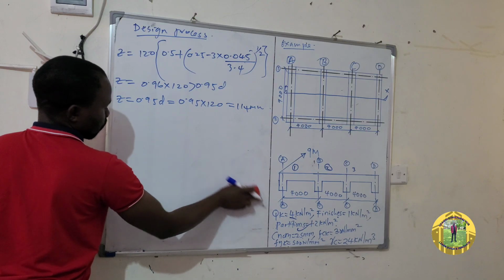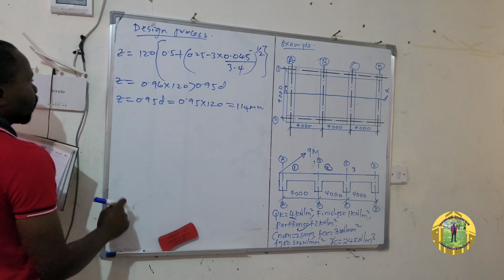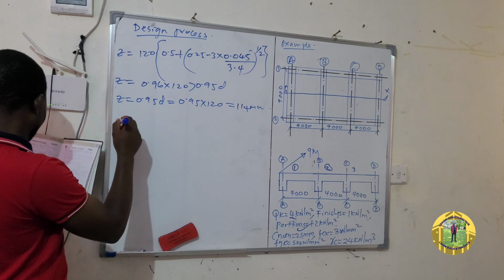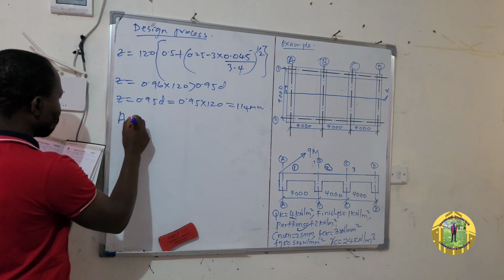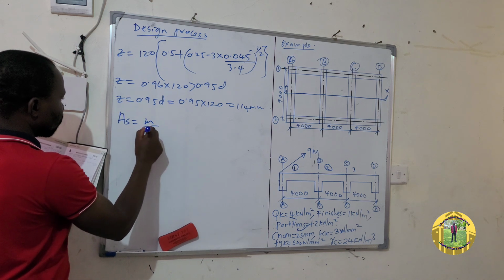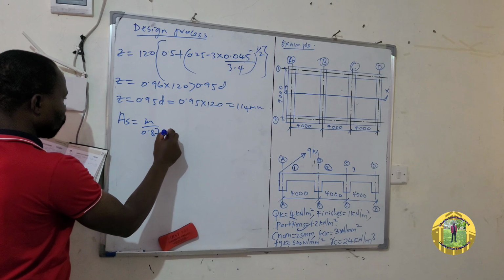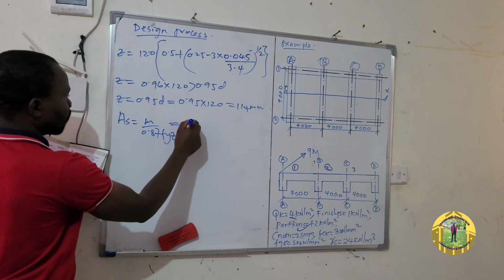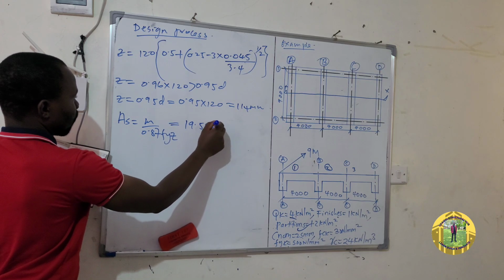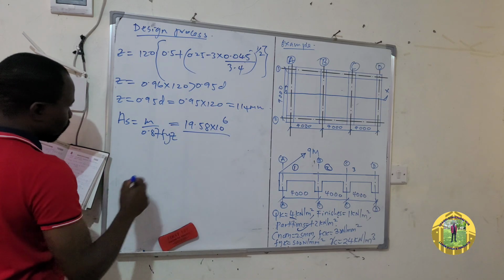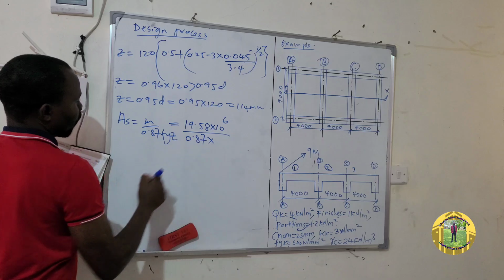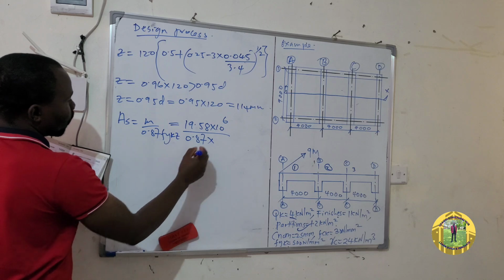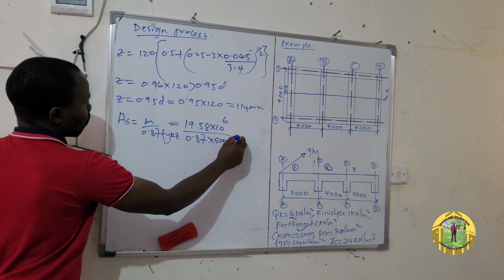So this is our Z, and therefore we can now determine the reinforcement areas, whereby area of steel is equal to M over 0.87 FYK Z. So this one is equal to M is 19.58 times 10 to the power of 6 all over 0.87 times FYK times Z. So FYK is 500, times 114.